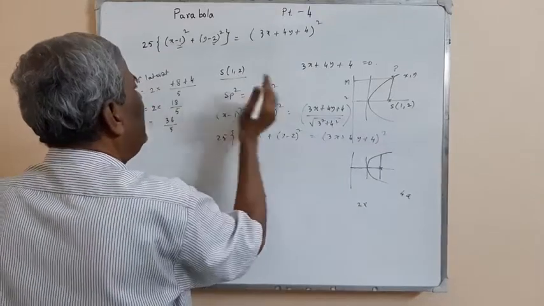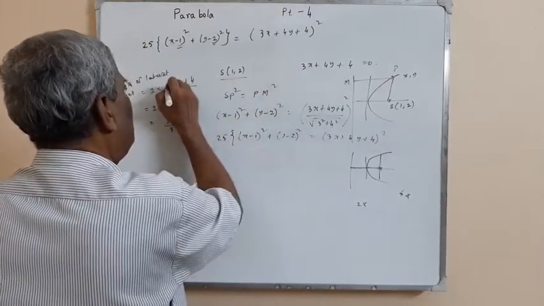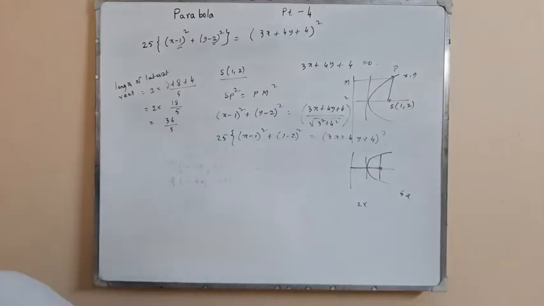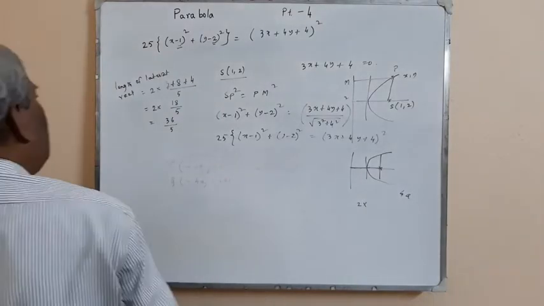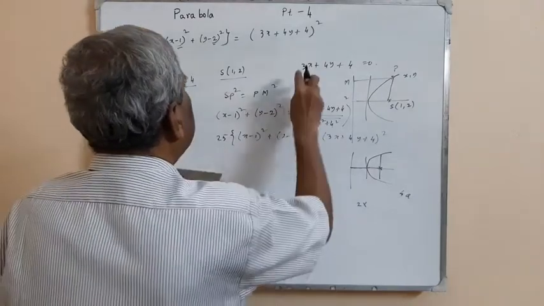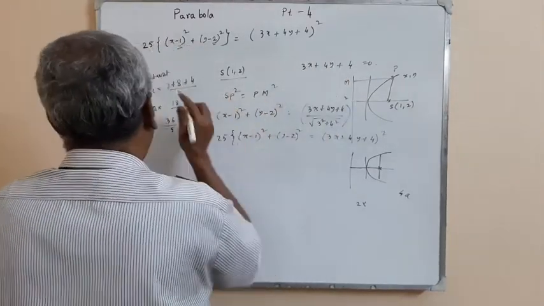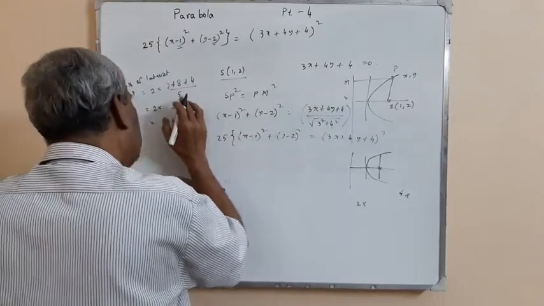So 3 into 1, that is 3, plus 4 into 2, 8, plus 4, divided by 5.